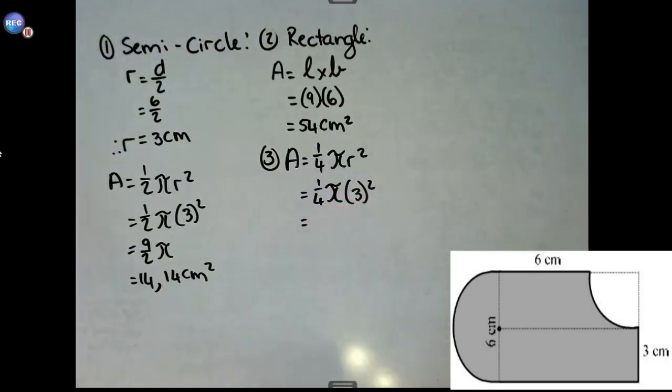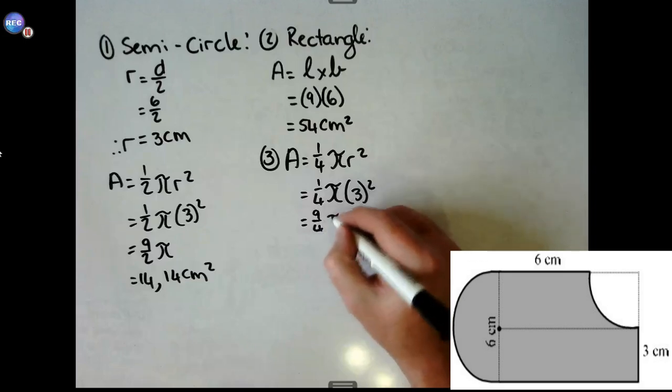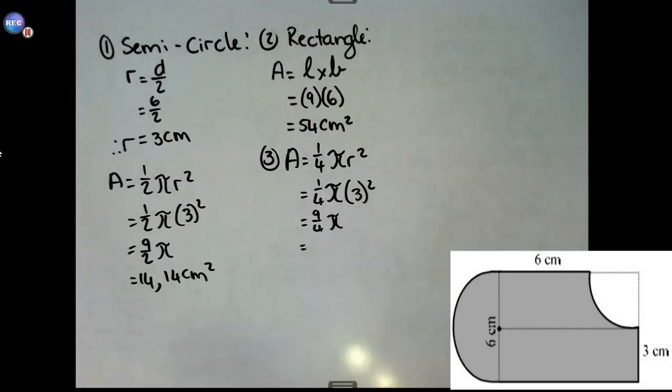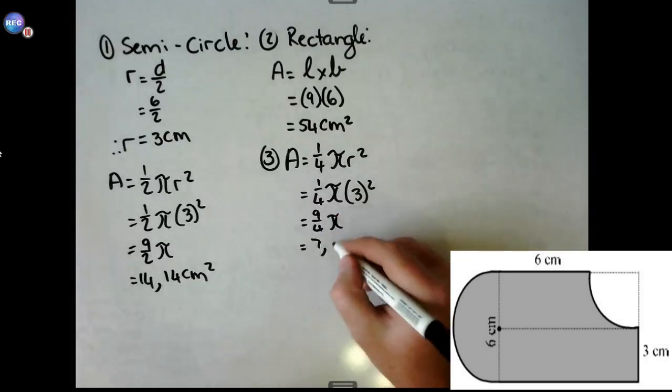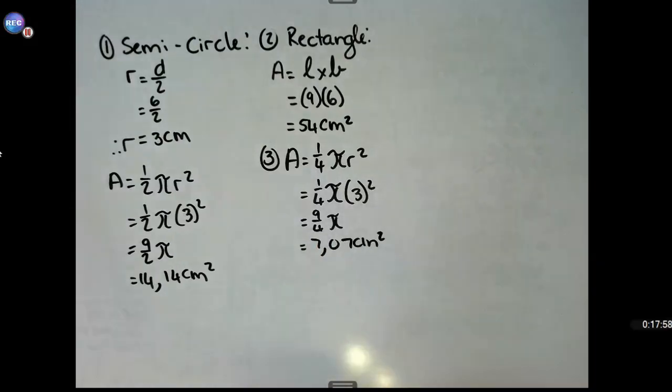With that, if we go in and calculate every single thing, we will get 9 over 4 pi, which will then be simplified to 7,07 centimeters squared.